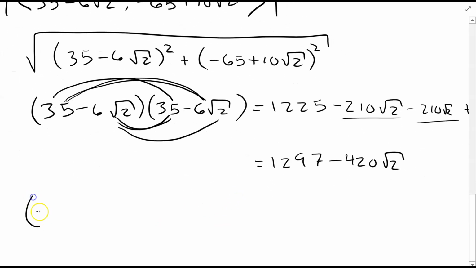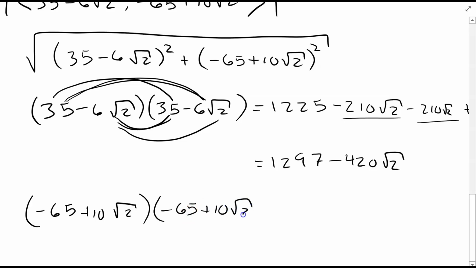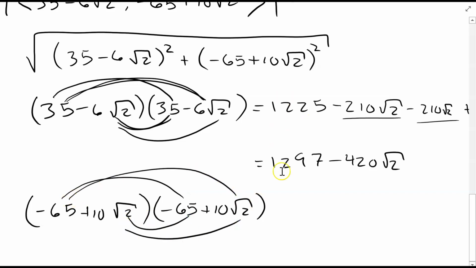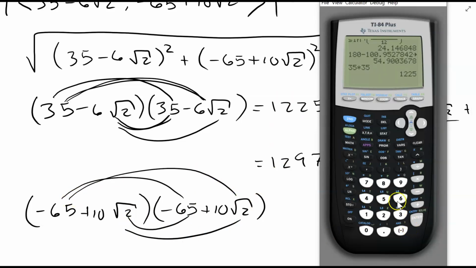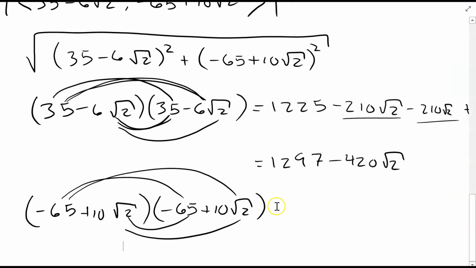And then I have to do the same thing for negative 65 plus 10 square root 2. So again, got to FOIL this all out, and I'm still too tired to do 65 times 65. I know they're negatives, but when you multiply the two negatives, you get a positive, so it doesn't really matter.